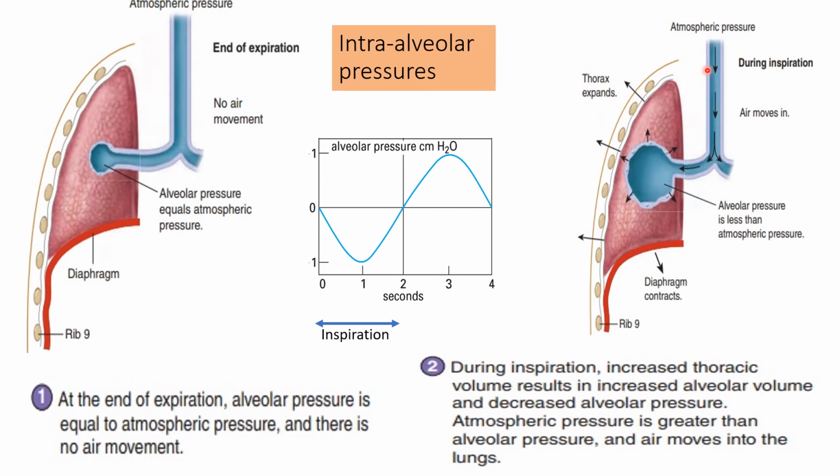Then the 500 ml volume comes inside, and the pressure again comes back to equal atmospheric pressure. Why was it negative? Because of the expansion of alveoli, because of the chest expansion. This -1 basically acts as a suction of air into the alveoli, and as it occurs, the pressure regains 0, equal to atmospheric pressure.